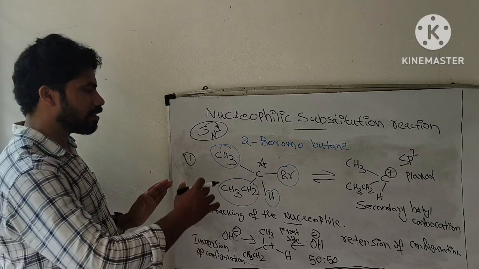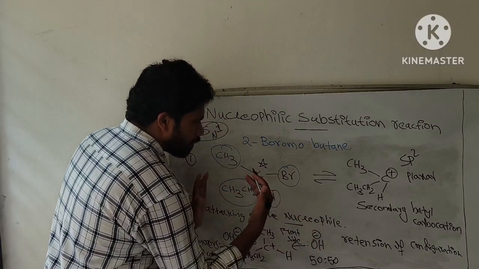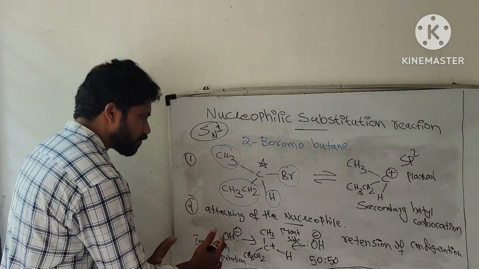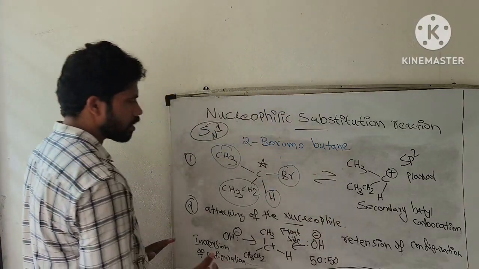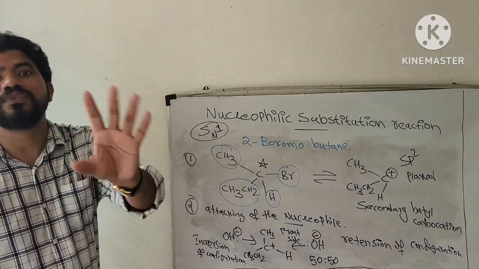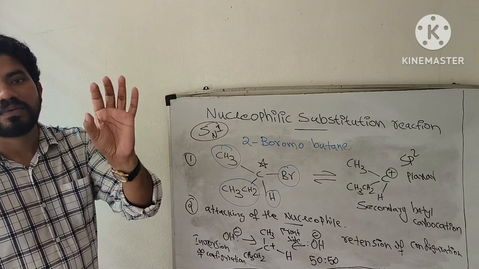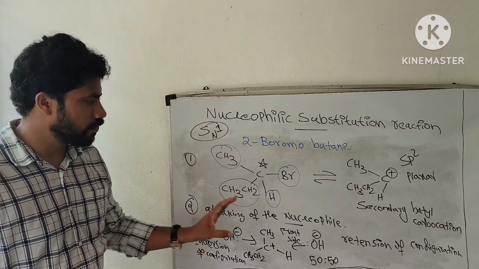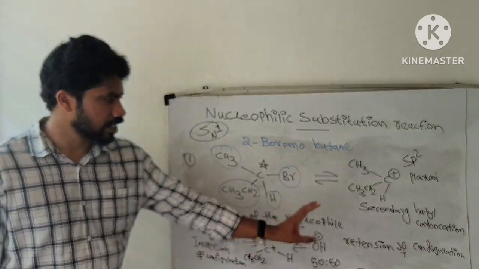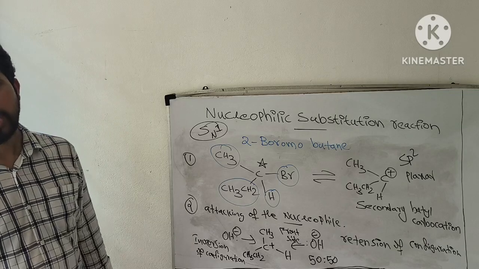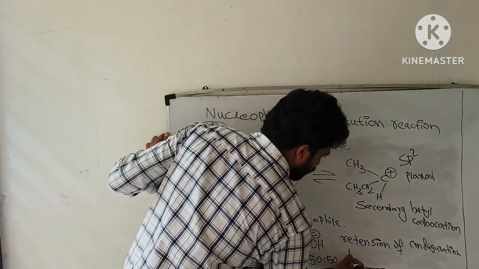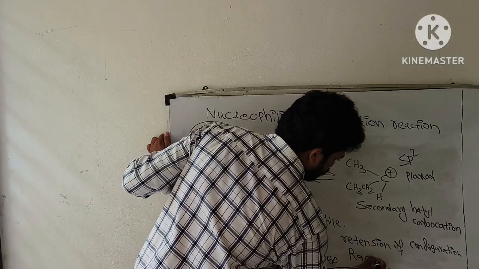So you will get exactly two types of enantiomers because of the inversion of configuration and retention of configuration. You have a 50-50 chance of getting each. Once you get 50-50 product from inversion and retention of configuration, your product should be a racemic mixture.